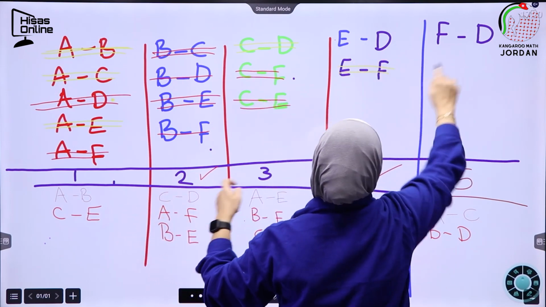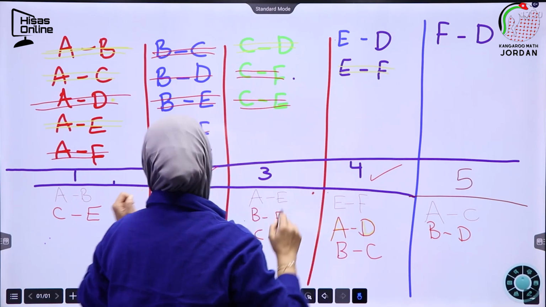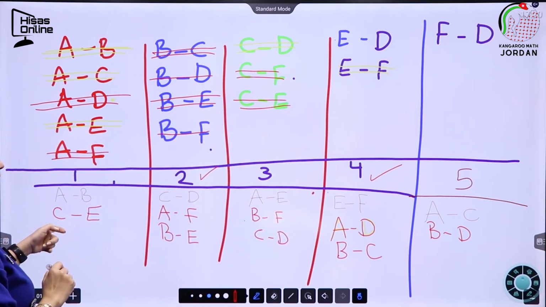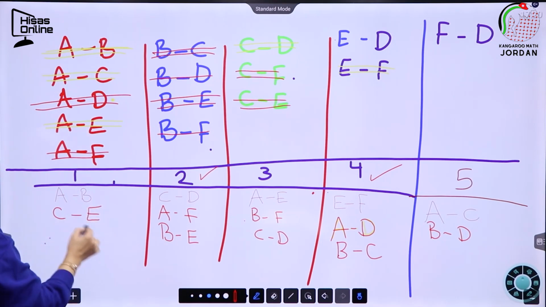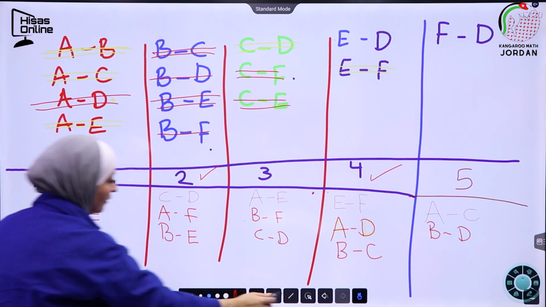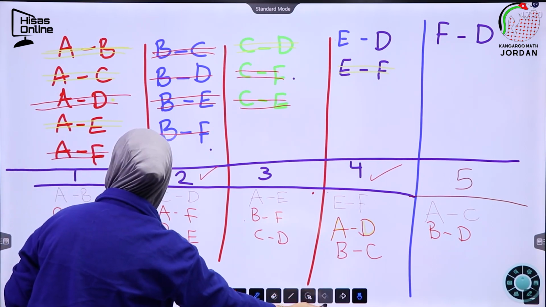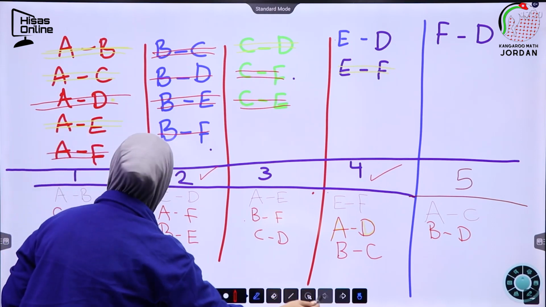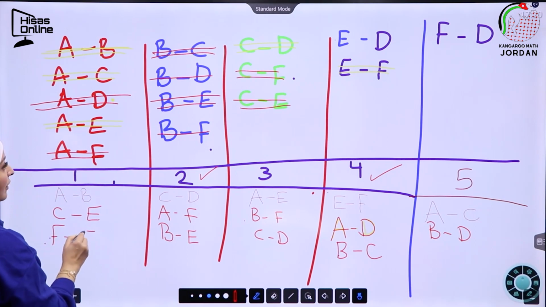So we still have those 2 matches, ED and FD. If I take FD here, it could work, but EF cannot work because we have E played already. So ED, FE is here. FE is here.